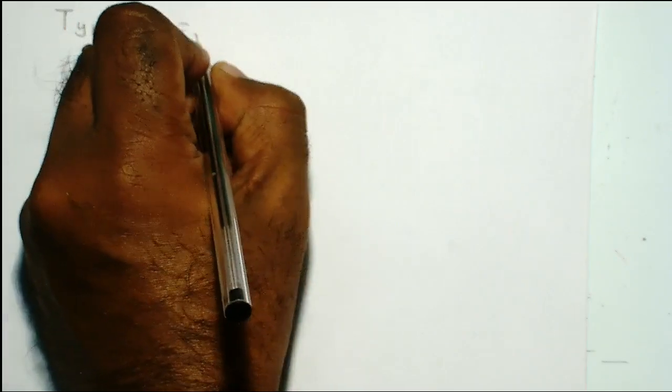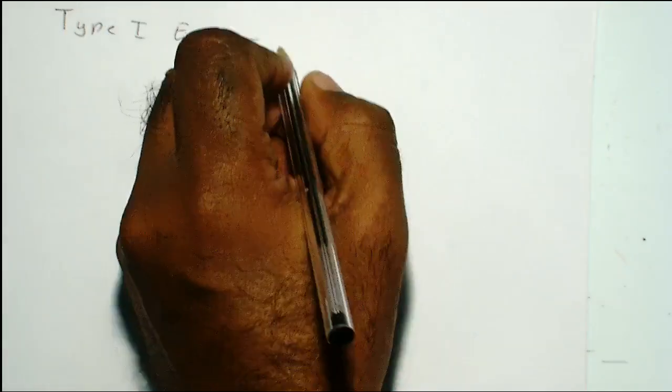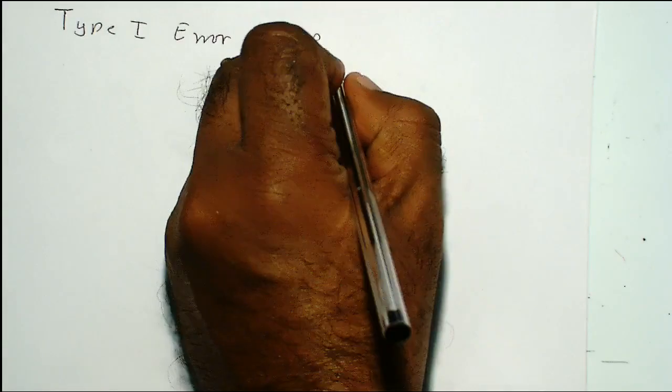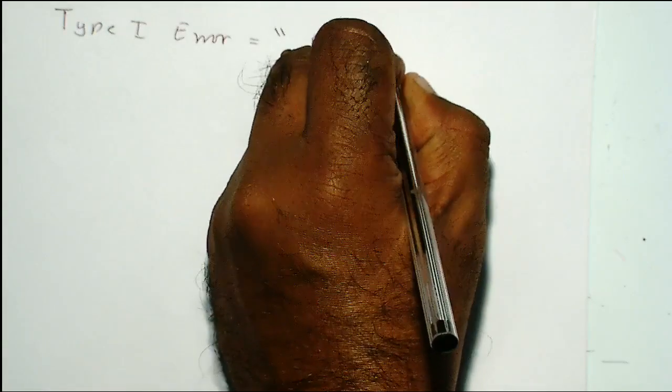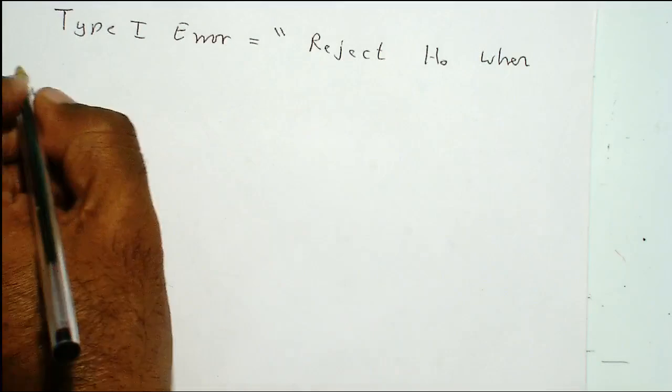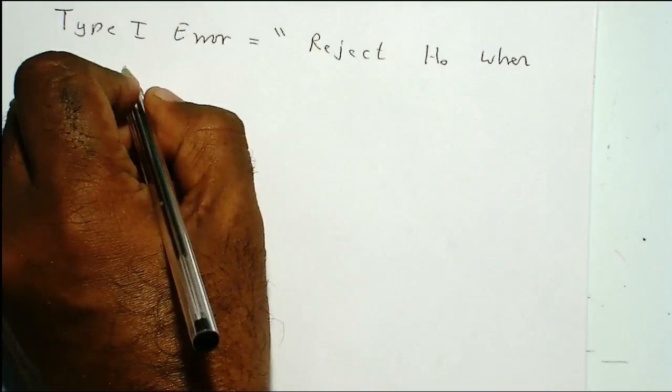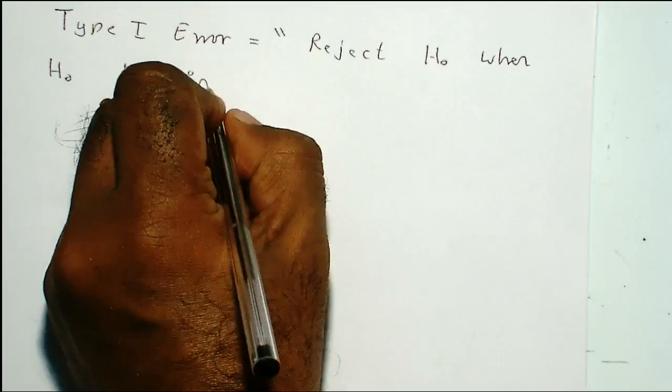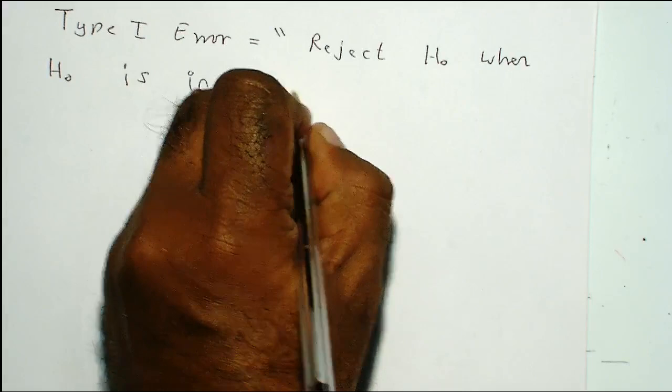So let me say one more time that type 1 error is you reject H0 when H0 is in fact true.